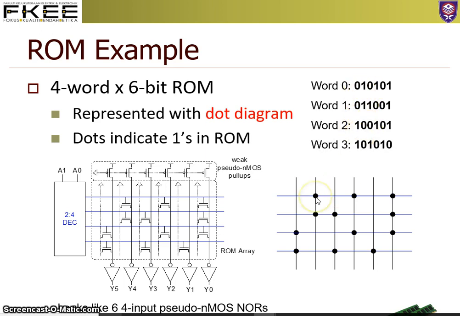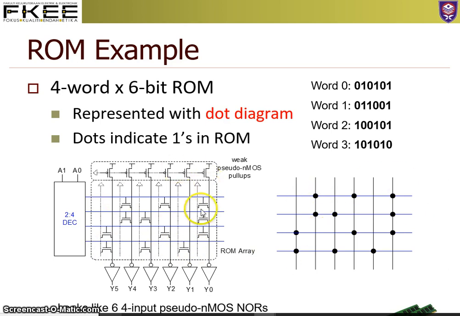For example, word 0 is 0 1 0 1 0 1, the first one. The last one, word 3, is 1 0 1 0 1 0, so it is dot, no dot, dot, no dot, dot, no dot, corresponding to this line. This is just to simplify.